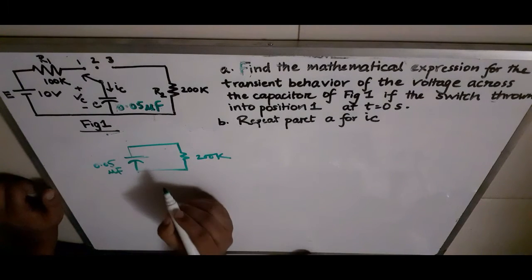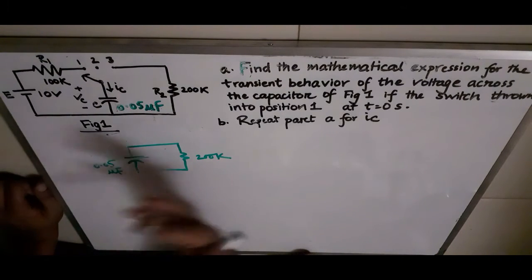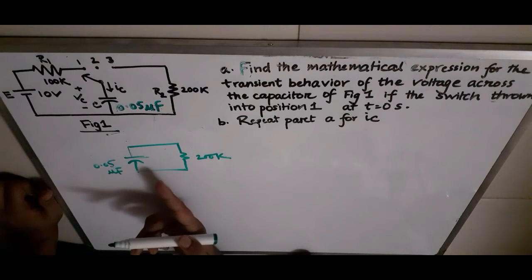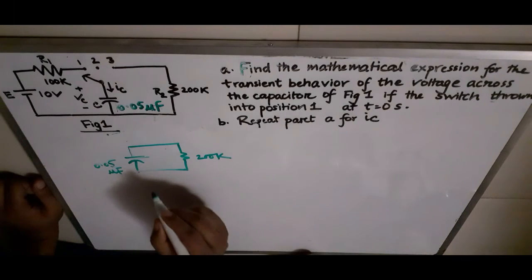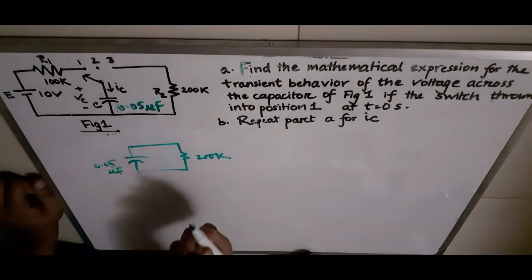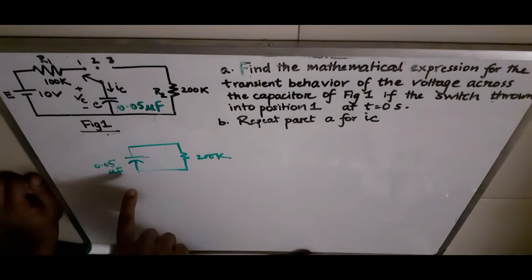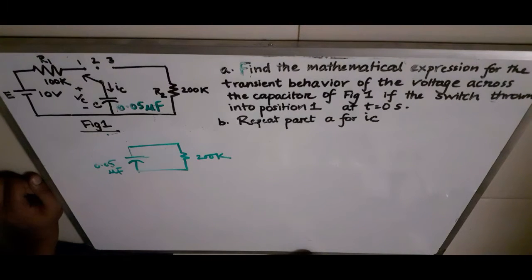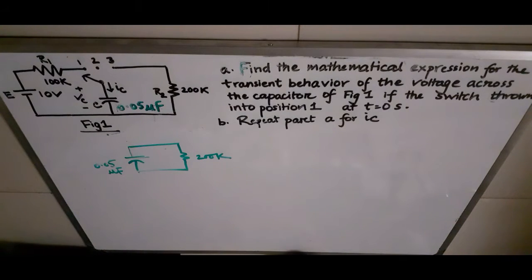So in that case, when the current starts flowing in this circuit, is there any voltage source connected to it? There is no voltage source connected to this one, so the capacitor will start discharging. So it will dissipate energy, and after some point of time, all the energy stored in the capacitor will be discharged through this path, right? So this is a very basic thing you need to remember.